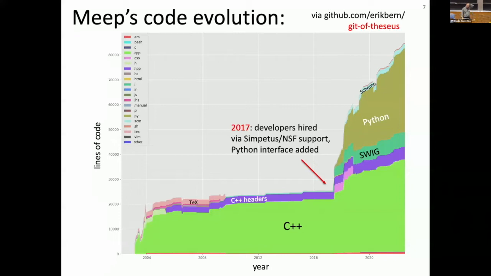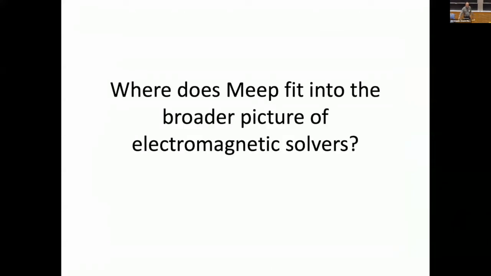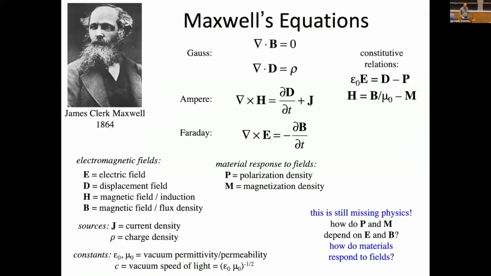So what I want to talk a little bit about today is where Meep fits into the broader picture of electromagnetic solvers. In electromagnetic solvers, we're trying to solve Maxwell's equations, which I've tried to write down here in a fairly complete form, but even then there's going to be some missing stuff.